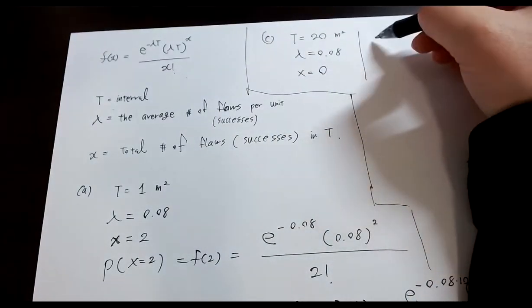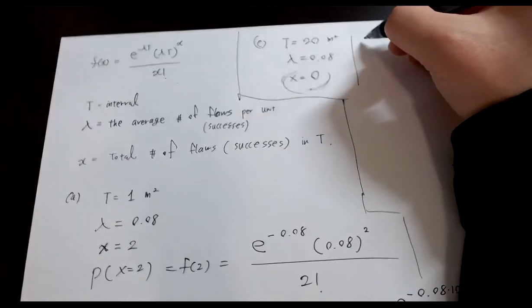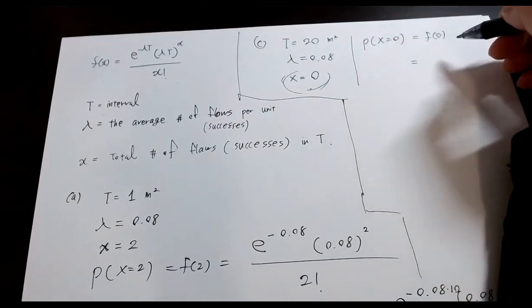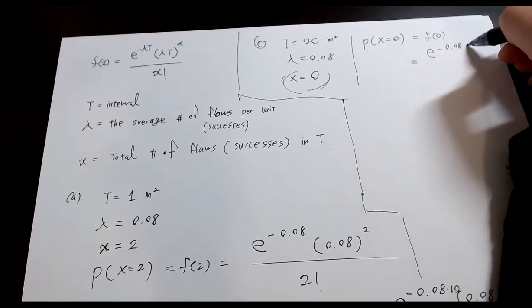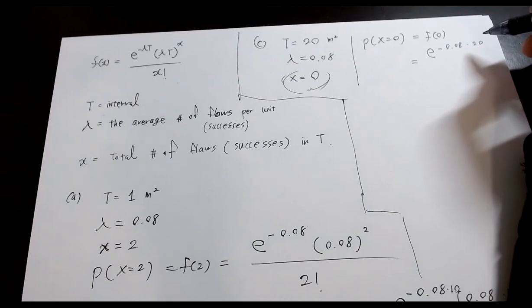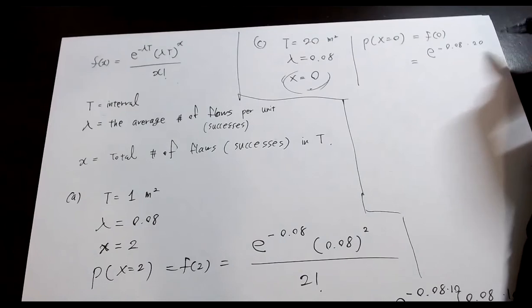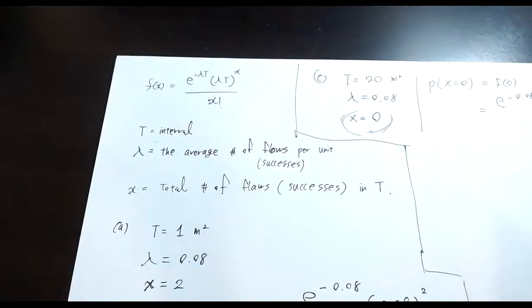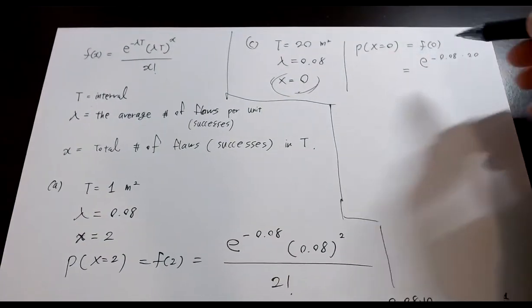I think that makes the problem much easier. The probability that x equals 0 is f of 0, which is equal to e to the negative 0.08 times 20. And then lambda t to the x power: if x equals 0, then that term becomes 1, so we don't have to write that over 0 factorial.